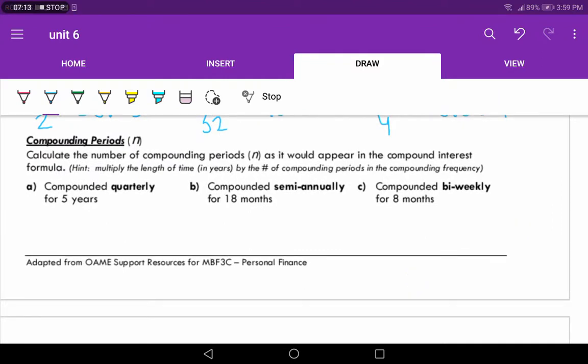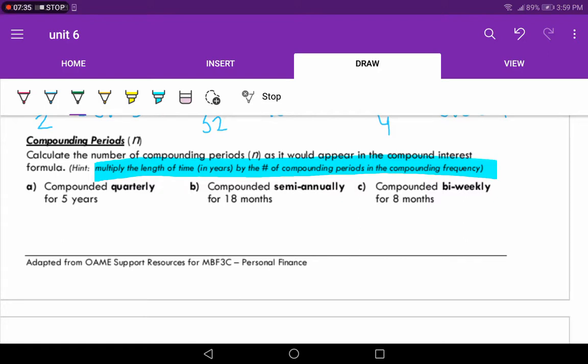So it says, calculate the number of compounding periods N as it would appear in the compound interest formula. Hint, multiply the length of time in years by the number of compounding periods in the compounding frequency. So that's wordy, but it's not as hard as it seems.